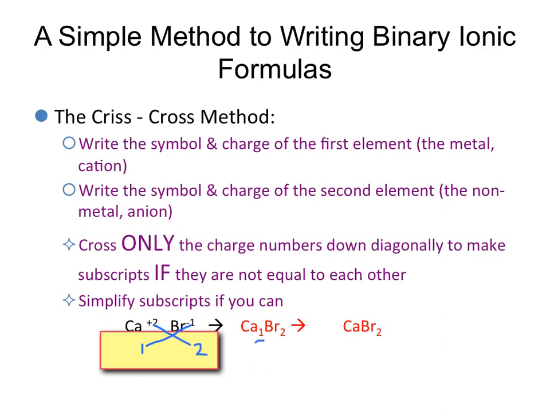Those give you the subscripts of Ca1Br2, and then once again we know that the 1 doesn't need to be written, and we end up getting CaBr2. Of course, understand that basically this is giving you that ratio that you were guessing in the last slide, because 1 calcium at +2 is a +2 charge, and 2 bromines at -1 gives you a -2, which then gives you 0.